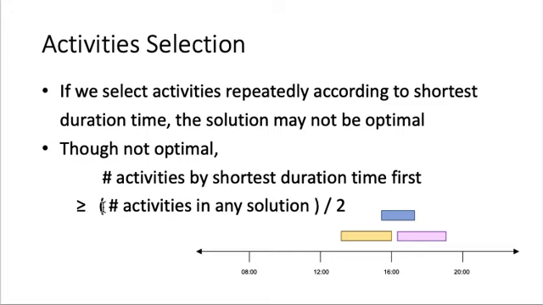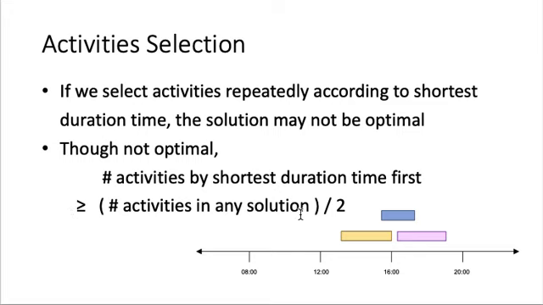It is always greater than or equal to the number of activities in any solution divided by 2. So here, in any solution, including optimal solution. So the number of activities using this greedy choice, shortest duration time first, may not be optimal, but it is at least half of the optimal.